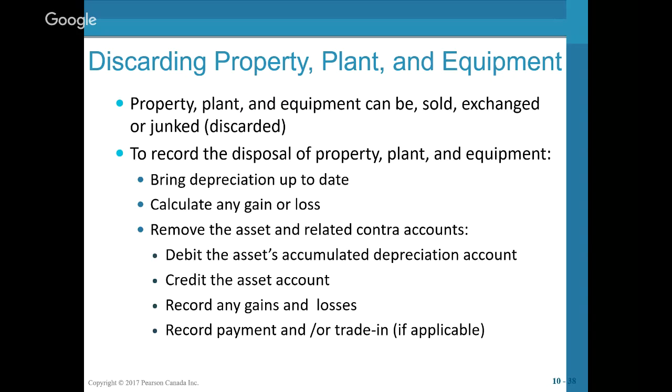You are going to remove the asset. You'll remove the accumulated depreciation, so it's a contra account. You'll record any gain or loss, and then you'll record any payments or trade-ins or anything like that, if any of that exists. Again, this can start out really simple, but it can get fairly complicated. This is where we are going to spend a fair bit of time, because disposals, I find, give you guys a really hard time.